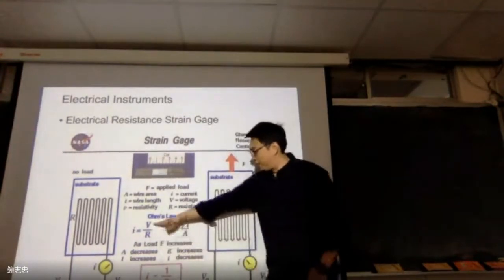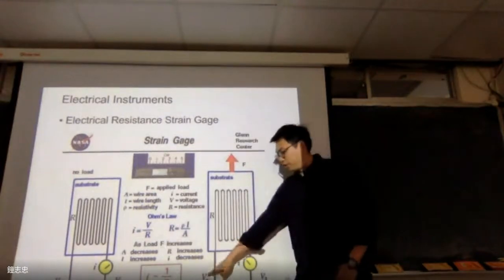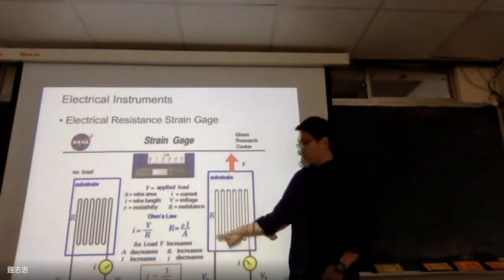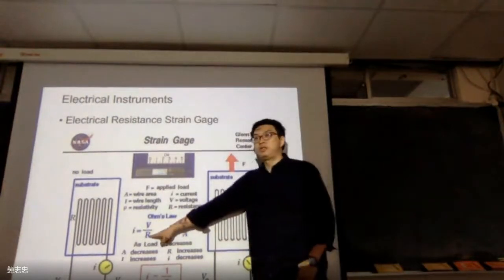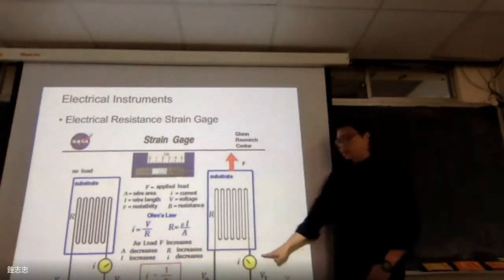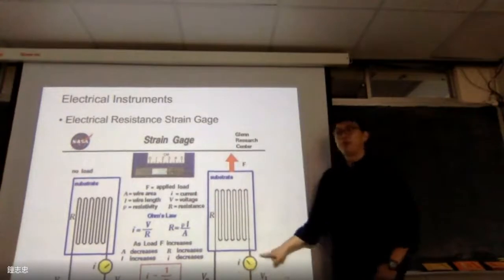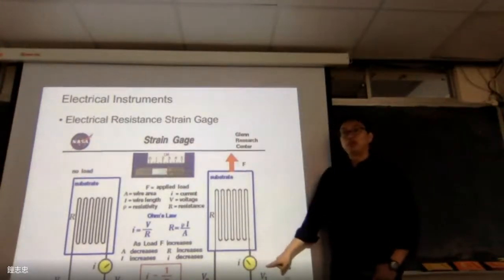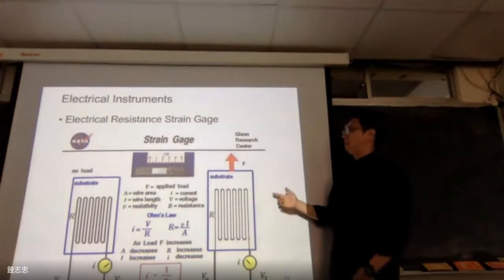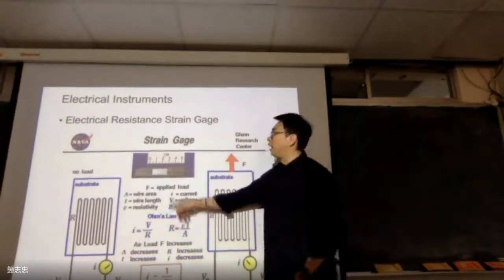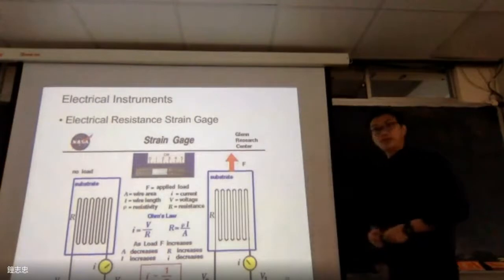If I have an input of the original V0 into this electrical circuit, but with a different resistance change, I can have a different output change, right? This is the basics of how Ohm's law applies to the strain gauge.